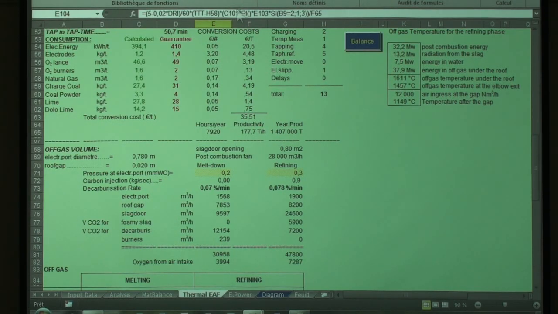And this is the surface of the electrode, time the length. This is the total area, the side surface. And this is productivity. So the higher the productivity, the lower the side consumption.